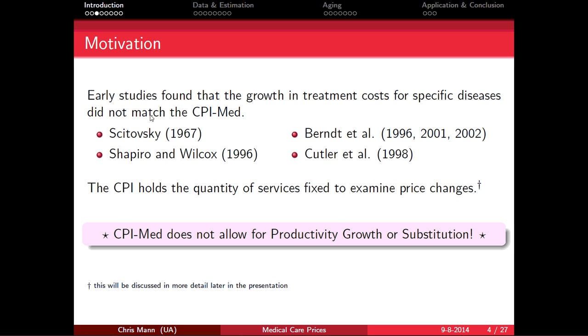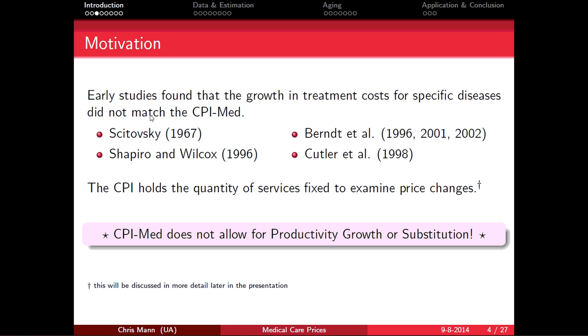So, for instance, if you look at heart attack treatments, 50 years ago, a heart attack was treated by cutting open the patient, maybe stopping their heart, and then performing surgery. Whereas now, a lot of heart attacks can be treated with just some medicine, right? Which is much more cost effective, right?